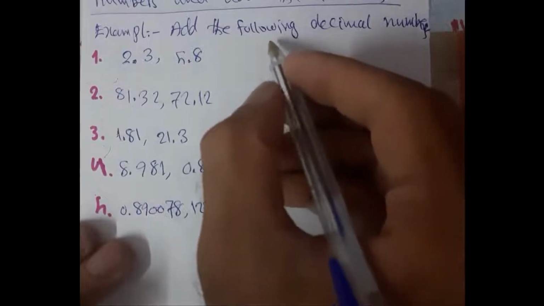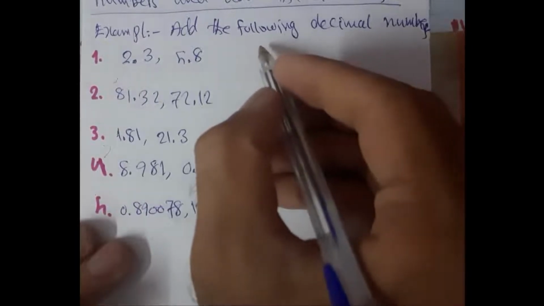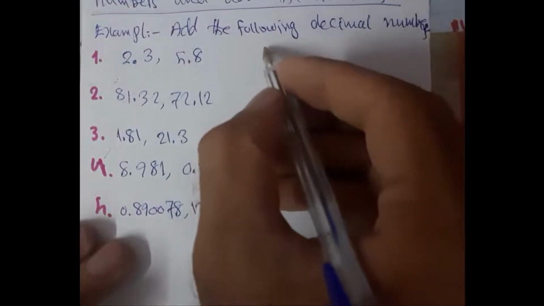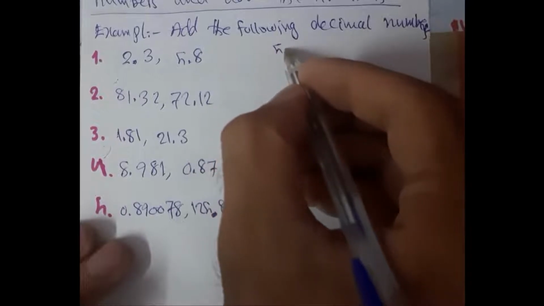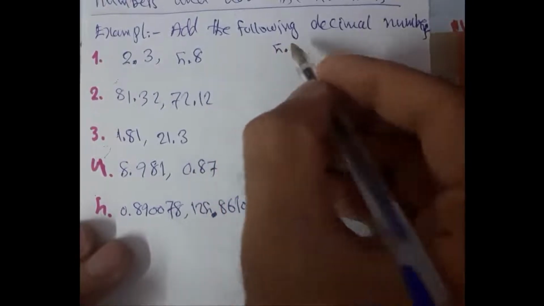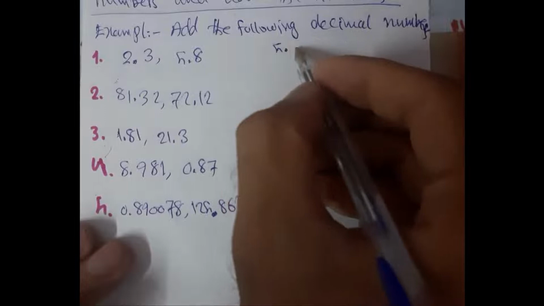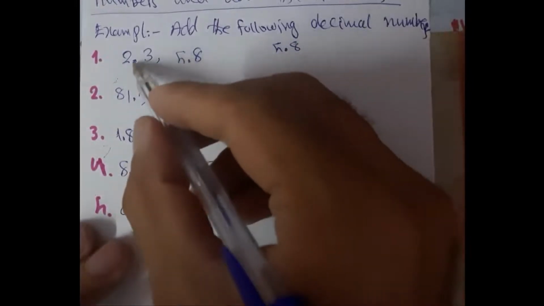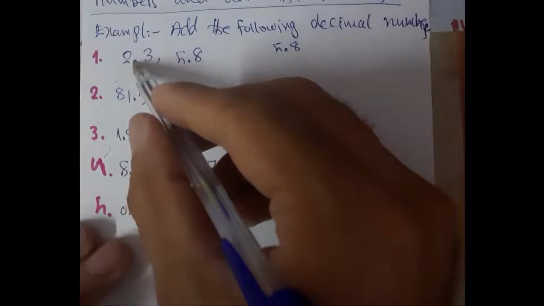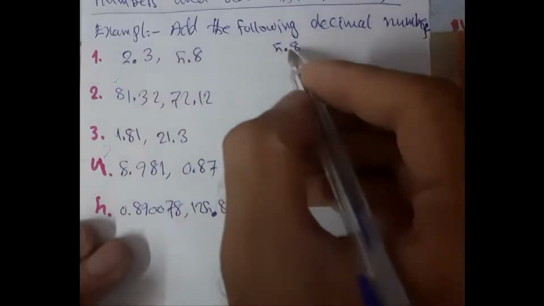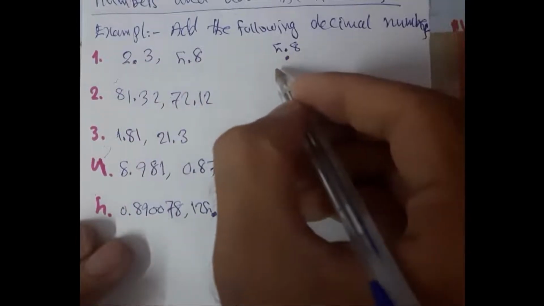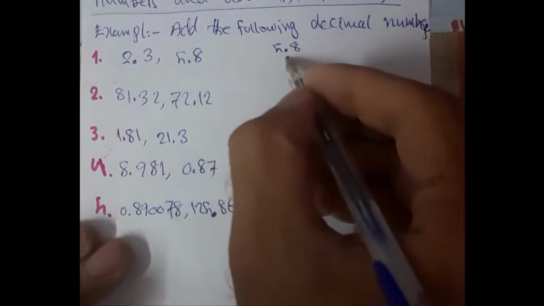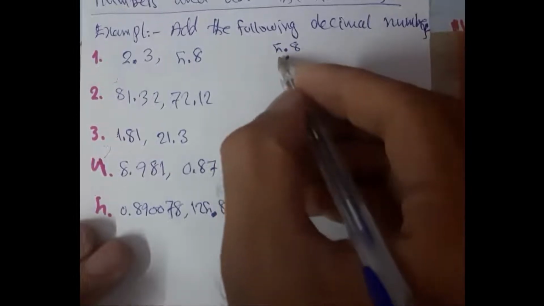As we explained on the addition of decimal numbers, we write one of them, 5.8, and we line up the second number, 2.3. Here we write decimal point under the decimal point.